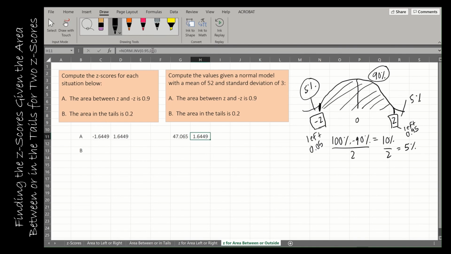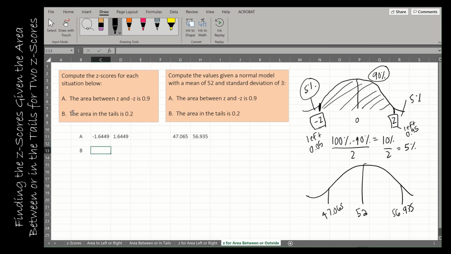And I'm going to replace 0 with 52, and 1 with 3. Based on the fact that I could redraw this model with 52 in the middle, that's telling me this guy is 47.065, and this guy is 56.935. So again, I did the exact same thing using norm inverse, but just changed the mean and standard deviation.